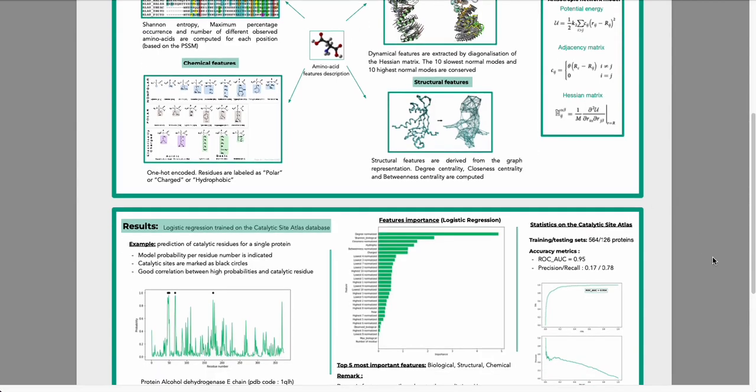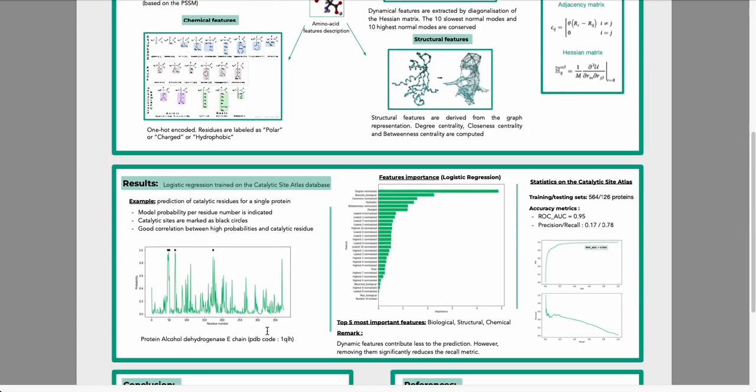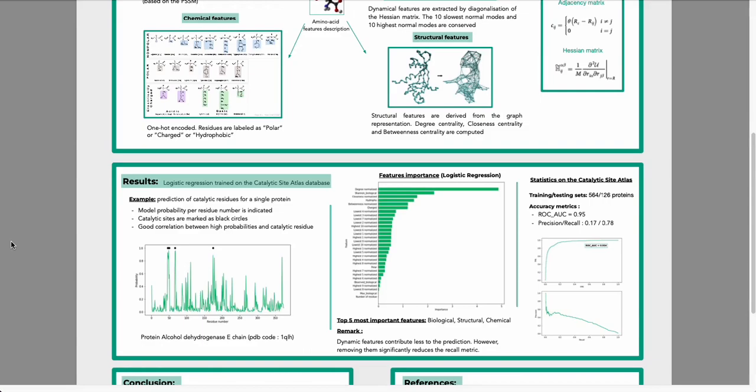The training and testing sets correspond to 564 proteins for the training and 126 proteins for the testing dataset. And here on the left is an example of how it looks for a specific protein. This is the protein alcohol dehydrogenase E chain, PDB code 1QLH.